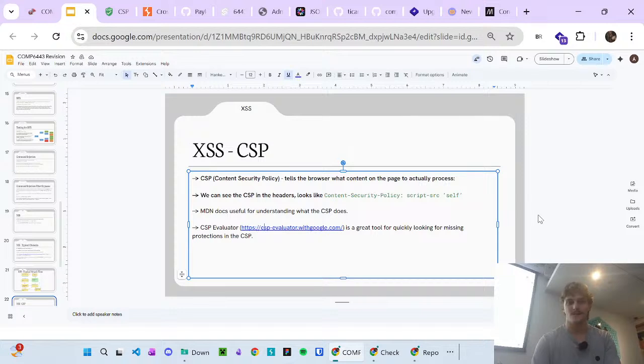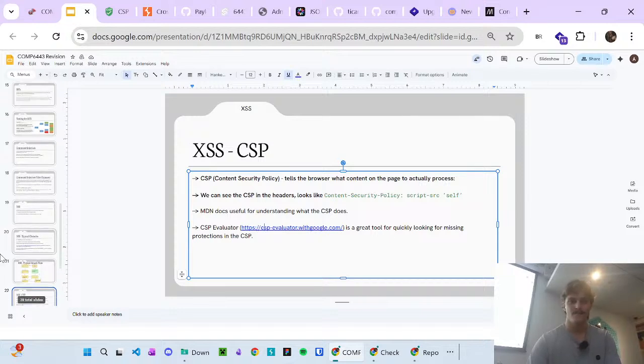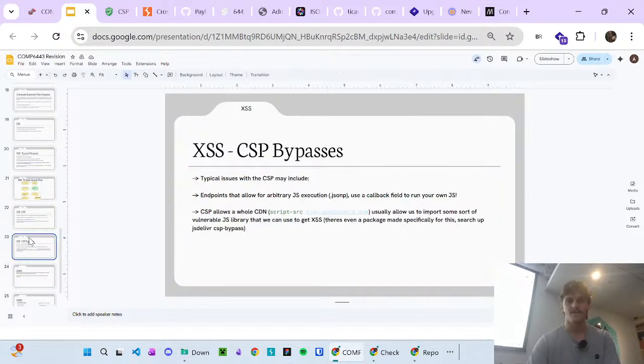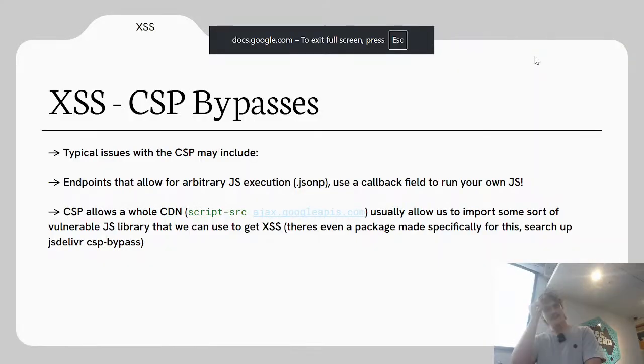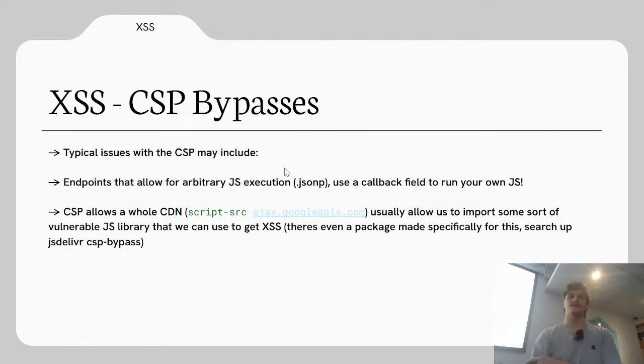So cool. We'll look at some typical ways to bypass CSPs. The most common two ways are looking for somewhere on the website where we can get arbitrary JavaScript execution.